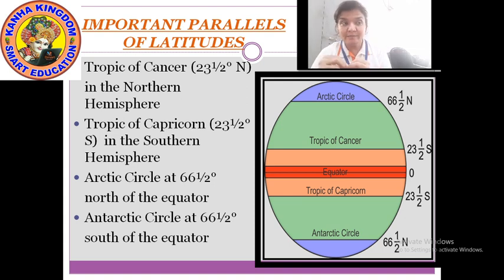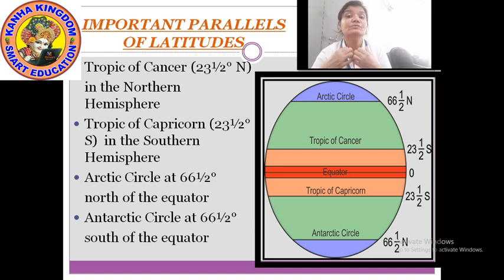Now Tropic of Capricorn is also situated on 23.5 degree, but S. S means south. So Tropic of Capricorn is situated on 23.5 degree south.